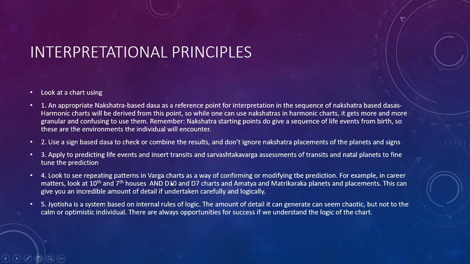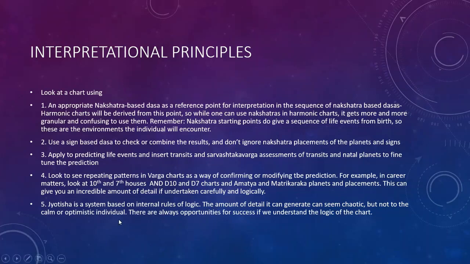Look to see repeating patterns in Varga charts as a way of confirming or modifying the prediction. For example, in career matters, look at the 10th and 7th houses and the D10 and D7 charts, and Amatya and Matri Karaka planets and placements. The reason I include Matri Karaka is because that's position in life, that's status in life, as well as education and a mother.